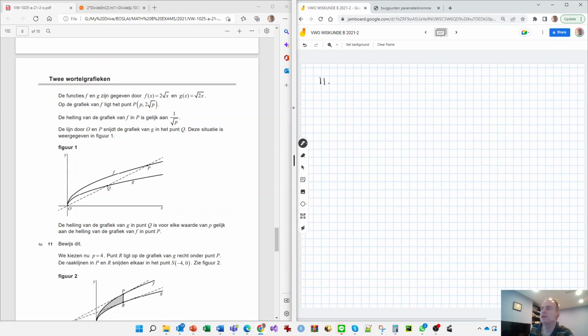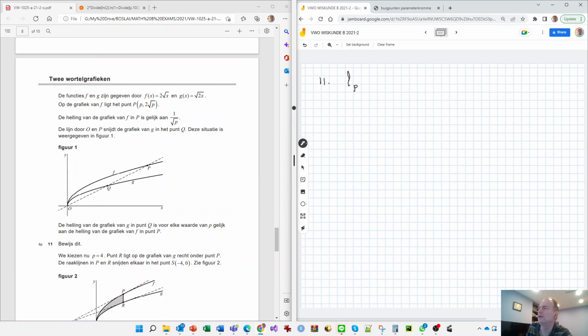Okay, well, for every P we can just call this line LP. And that line has to go through the origin and P, so the intercept with the y-axis is 0.